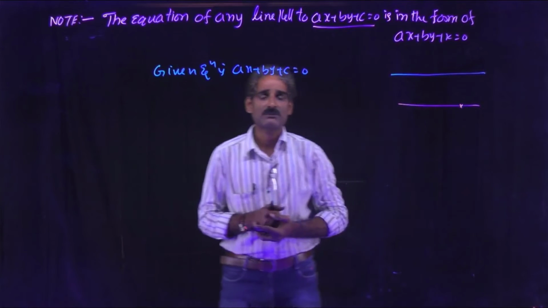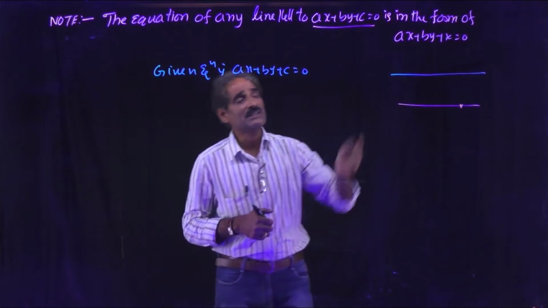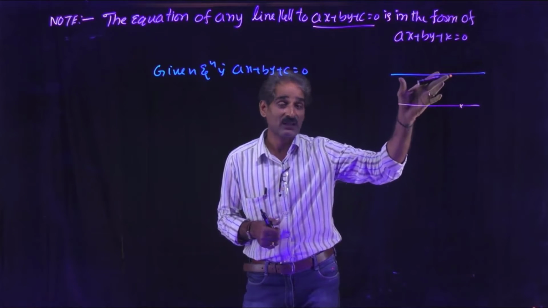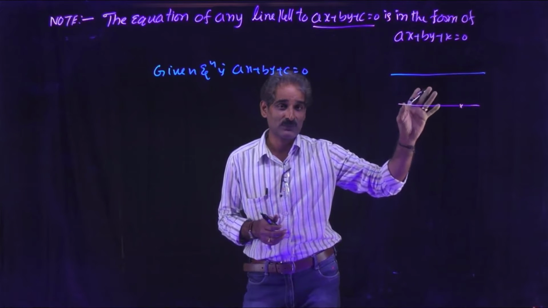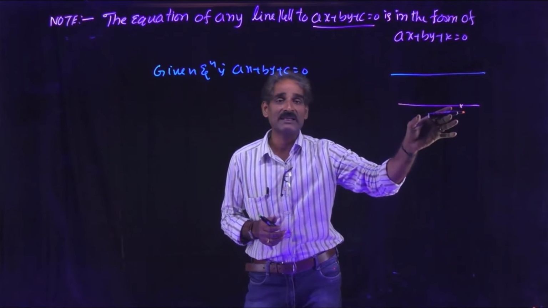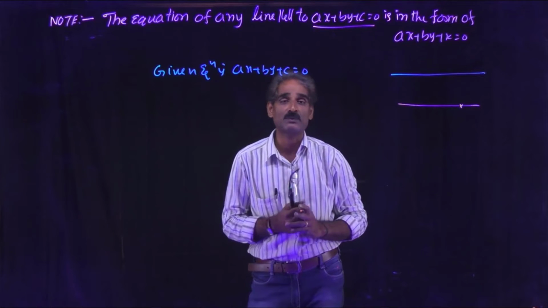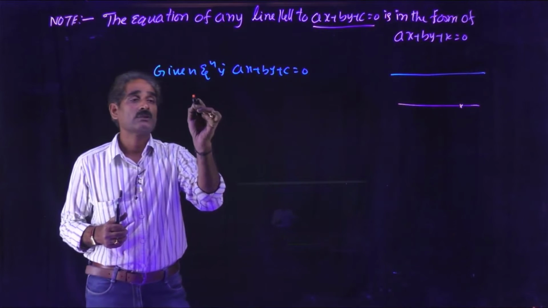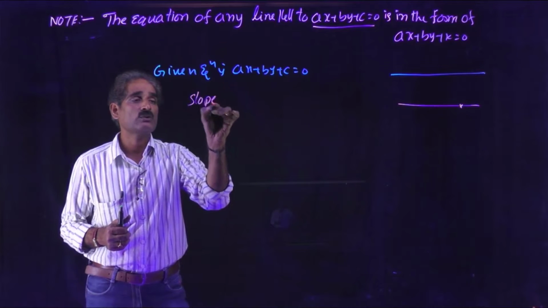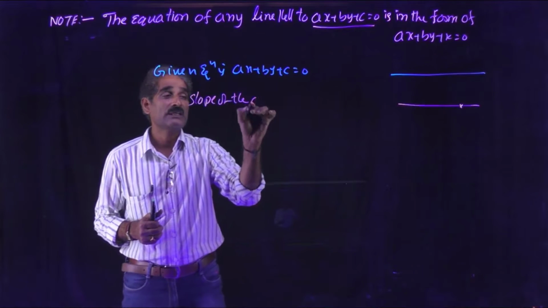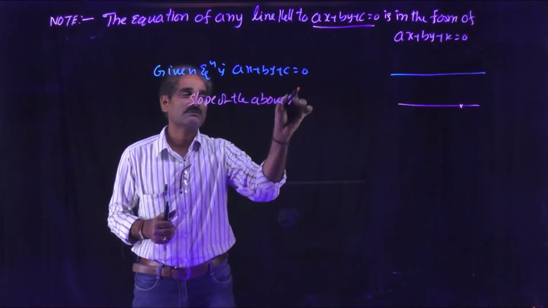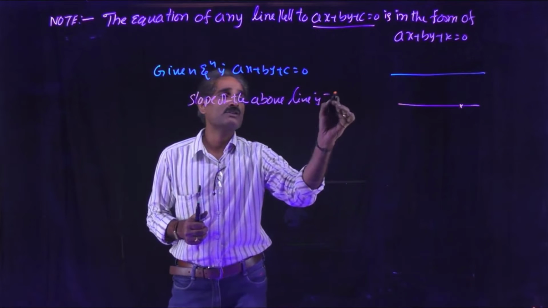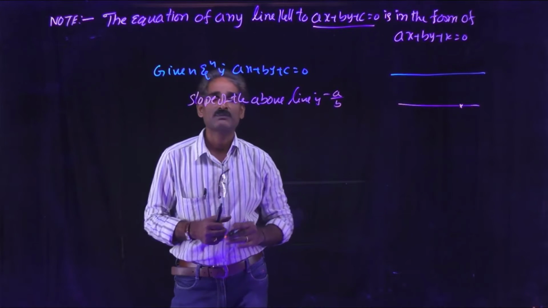Any line parallel to this, all of you know parallel lines have the same slopes. So the slope of this line equals the slope of the given line, which is minus x coefficient by y coefficient, that means minus a by b.